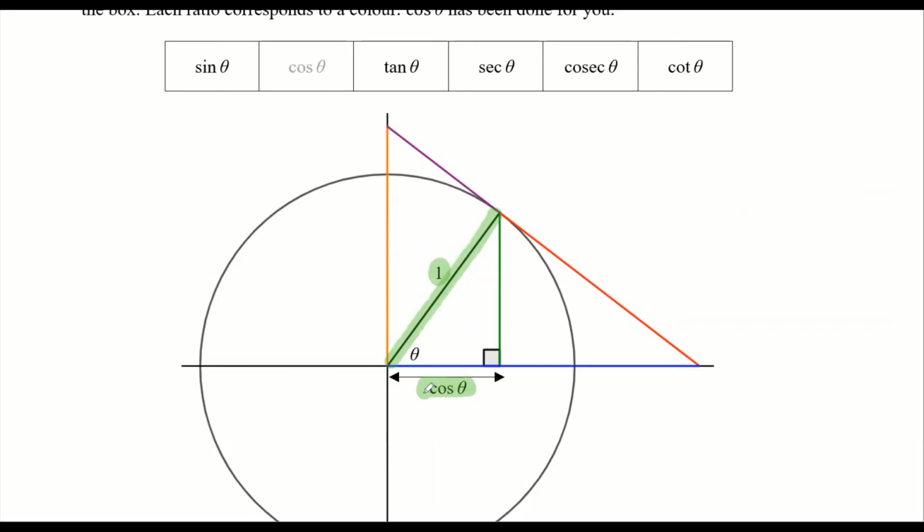Now, each of these colored lines, so we have the green one, the blue, the red, the purple, and the orange, they correspond to each of these. Okay, now the cos theta has been done, so I've greyed that one out, but these colors correspond to sine theta, tan theta, sec, cosec, and cot theta. Okay, now it's your job here to match up.